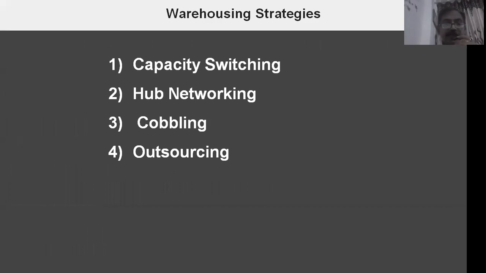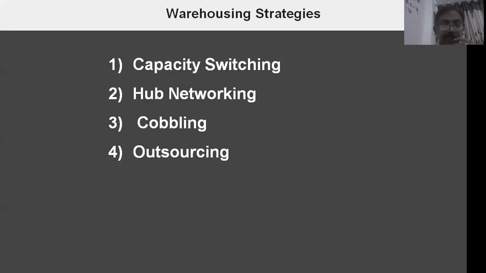Now, the last thing which we are going to discuss is your warehousing strategies. So there are four important strategies. First is capacity switching. We design our warehouse, or we invest in the infrastructure, as per our average requirement.